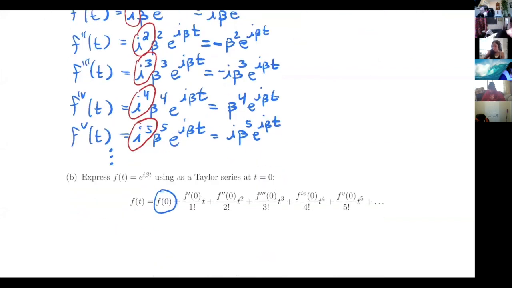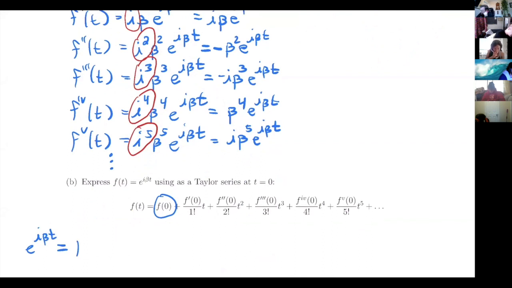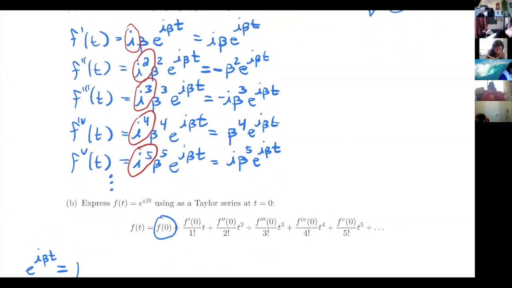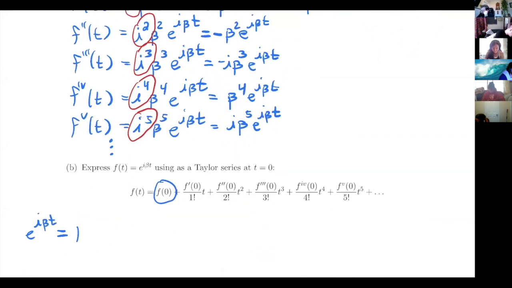So now we've got e to the i beta t is equal to f of 0, which is 1. And then f prime of 0, if we evaluate this at 0, we would just get i times beta times 1. So f prime of 0 is i times beta all over 1 factorial, which is just i beta times t. That takes care of that one.